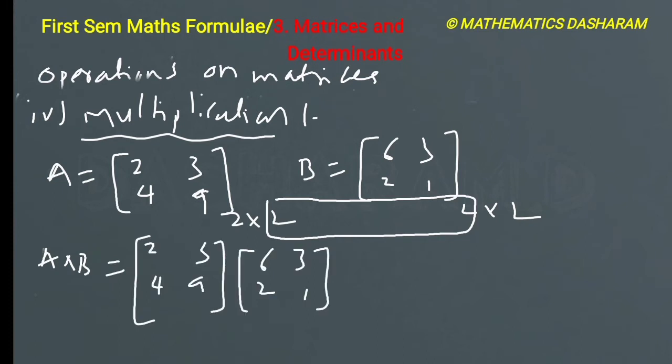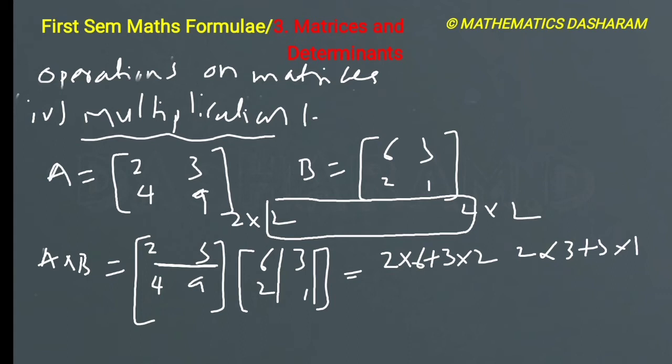see, first row multiplied with first column: 2 into 6 plus 3 into 2. Next, first row with the second column: 2 into 3 plus 3 into 1. Next, second row with the first column: 4 into 6 plus 9 into 2. Second row with the second column: 4 into 3 plus 9 into 1.